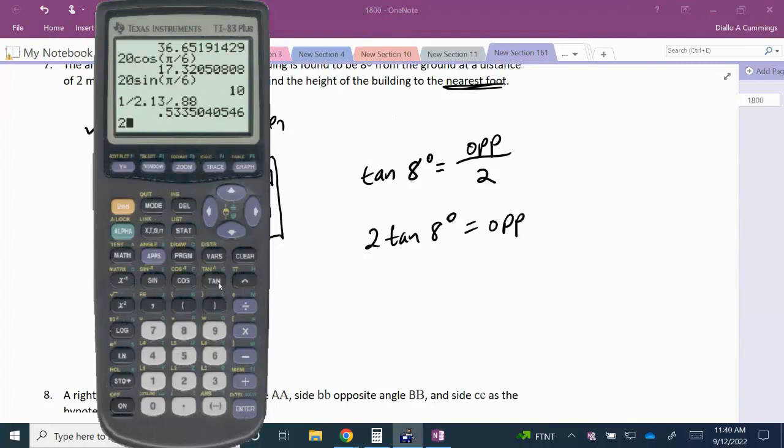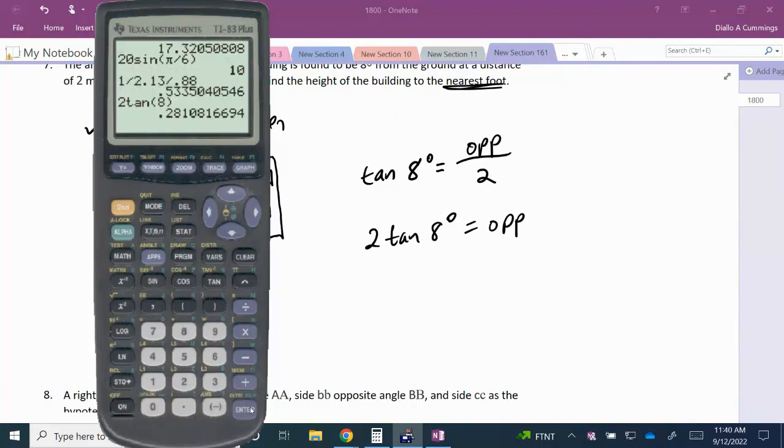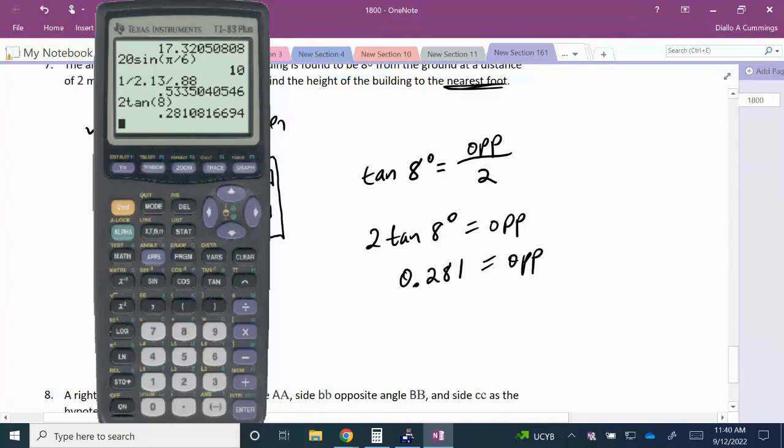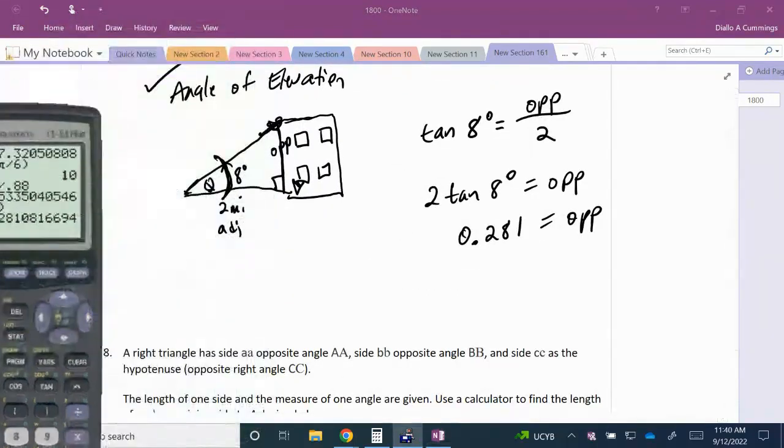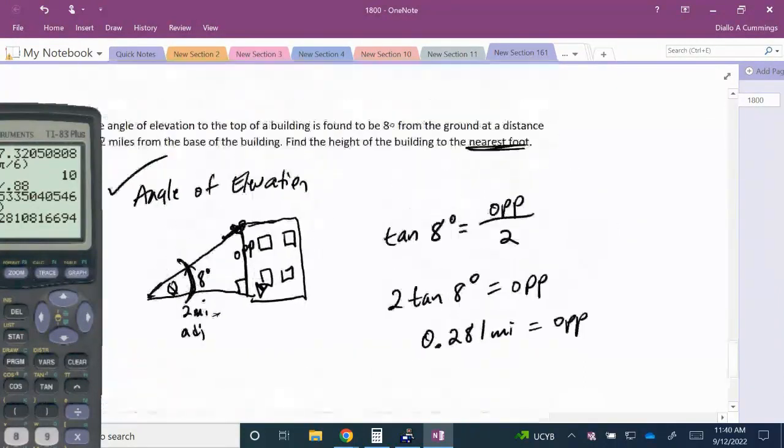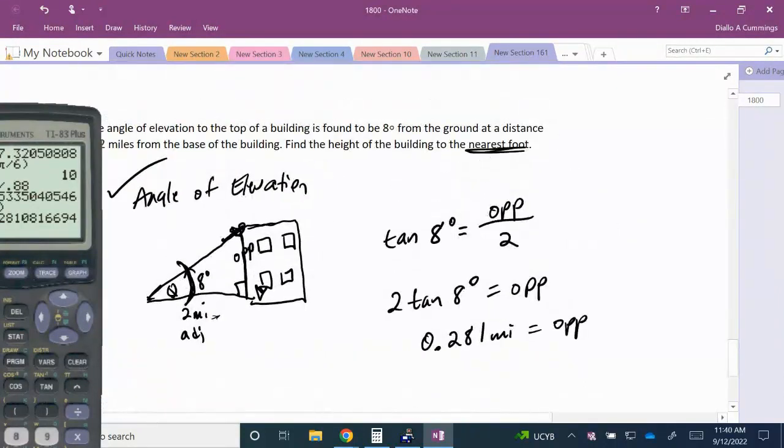And we have 2 times the tangent of 8 degrees, which is 0.281. But keep in mind that this is in miles, right? Because we were given 2 miles here. And it wants the final answer converted to the nearest foot.